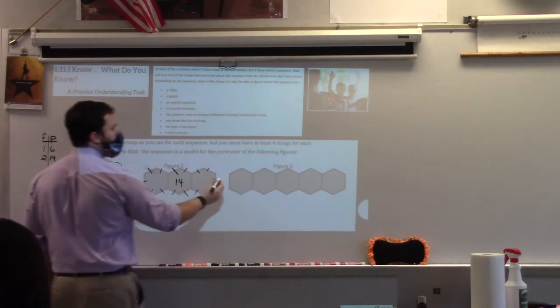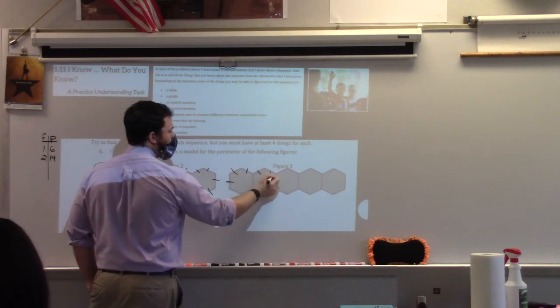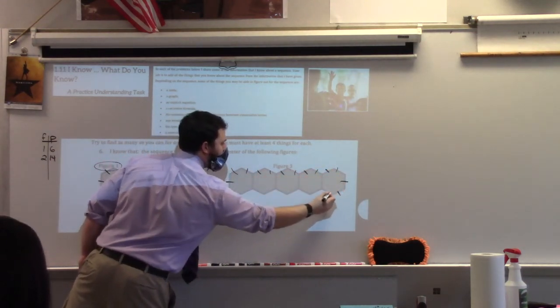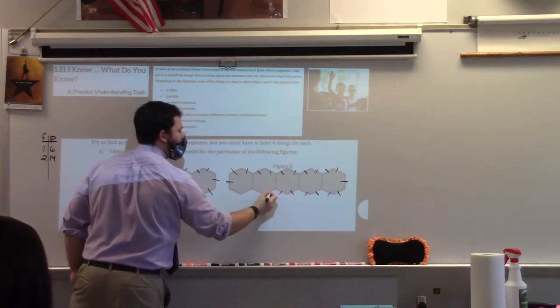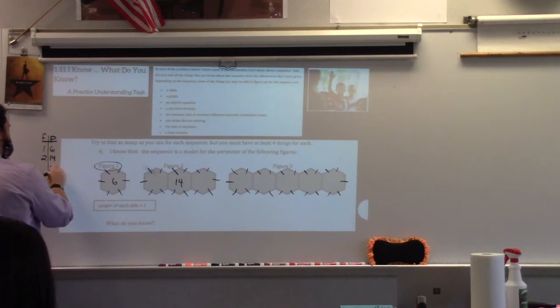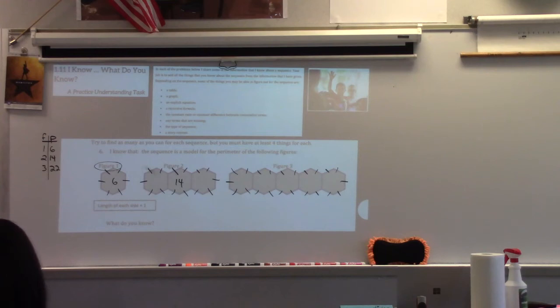So for figure 3, I counted 22. Does anyone know of a way that I could have made that easier instead of just counting every side?